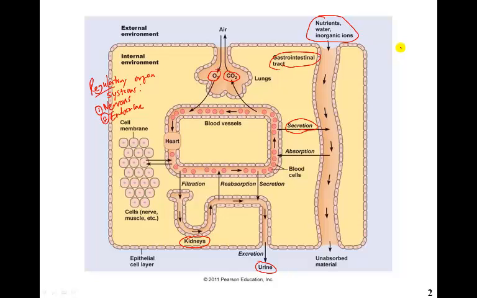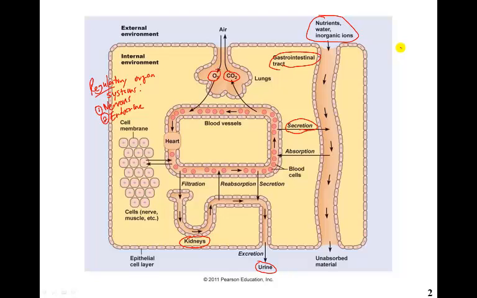Before I go on to look at the mechanisms of transport, I want to mention a concept in transport that's pretty important in the body, which is the concept of epithelia. Okay, hopefully you're familiar with the concept. Epithelia refers to a type of tissue, right? Basically a lining tissue.